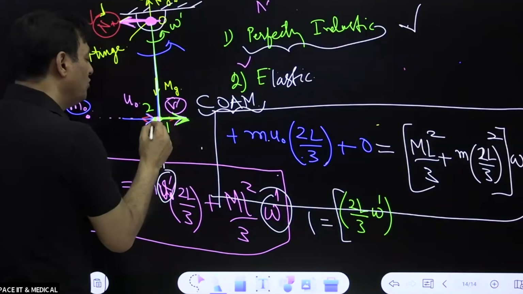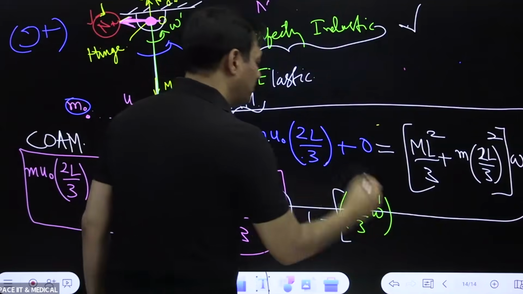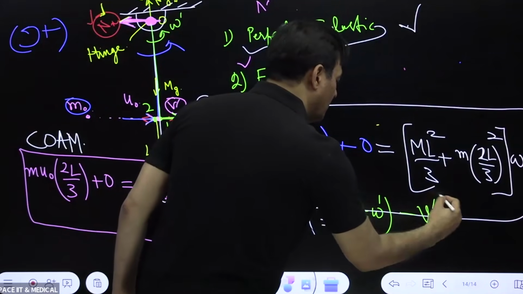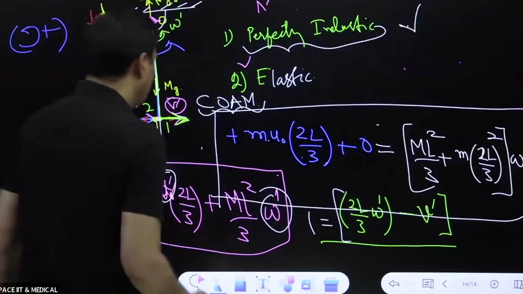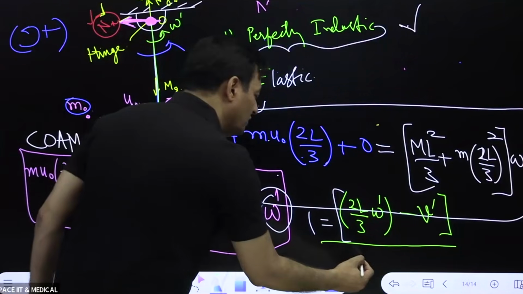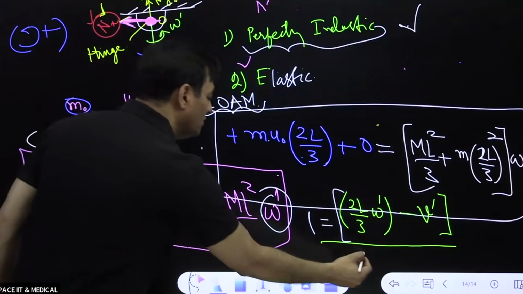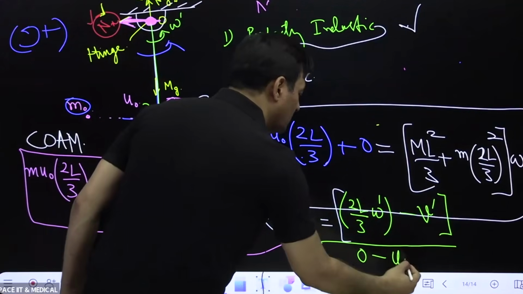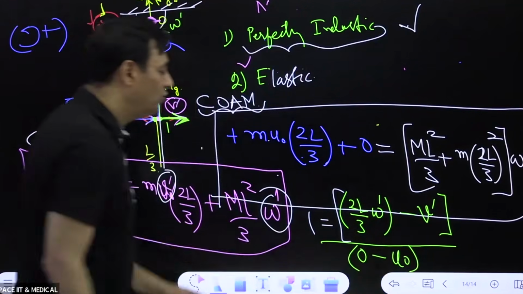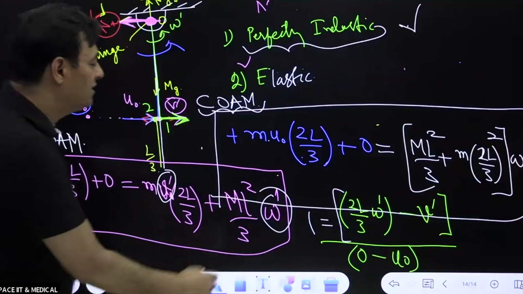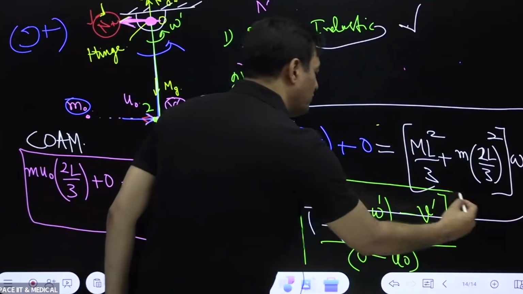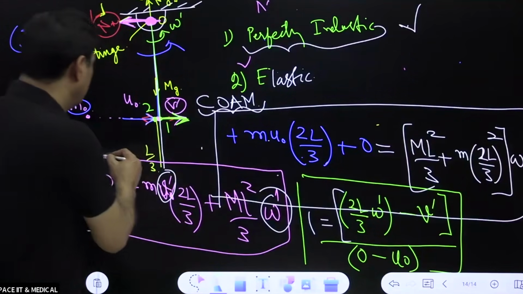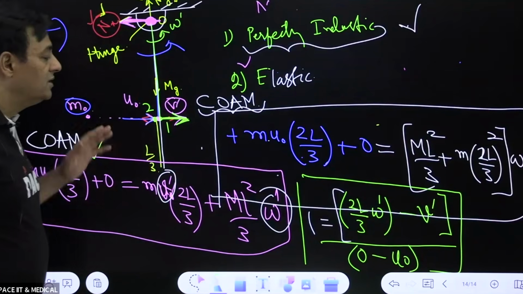V1 minus V2, V2 is V dash, upon U2 was 0, U1 was 0, minus U2 was U0. Done. These are two equations, two unknowns. This we got from coefficient of restitution. This we got from conservation of angular momentum.